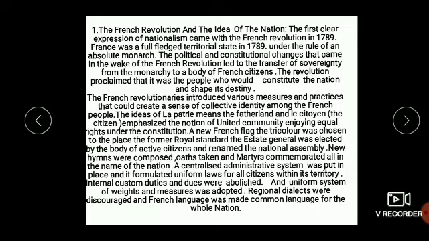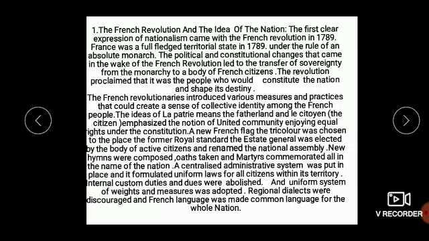The French revolutionaries introduced various measures and practices that could create a sense of collective identity among the French people. The ideas of la patrie, meaning the fatherland, and le citoyen, the citizen, emphasized the notion of a united community enjoying equal rights under a constitution.